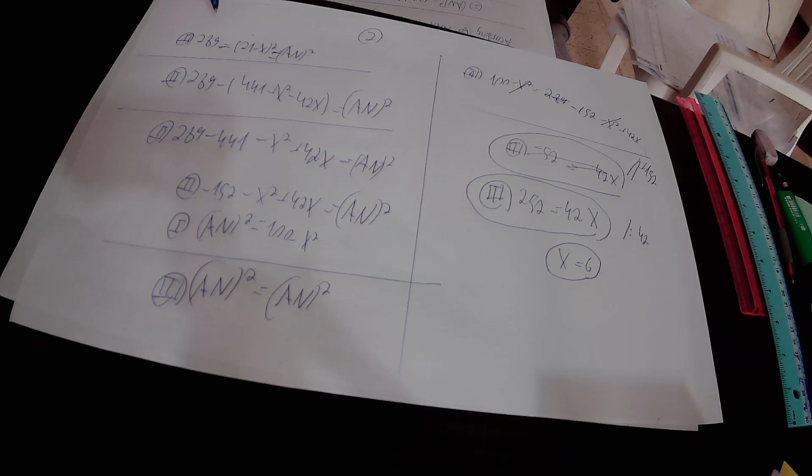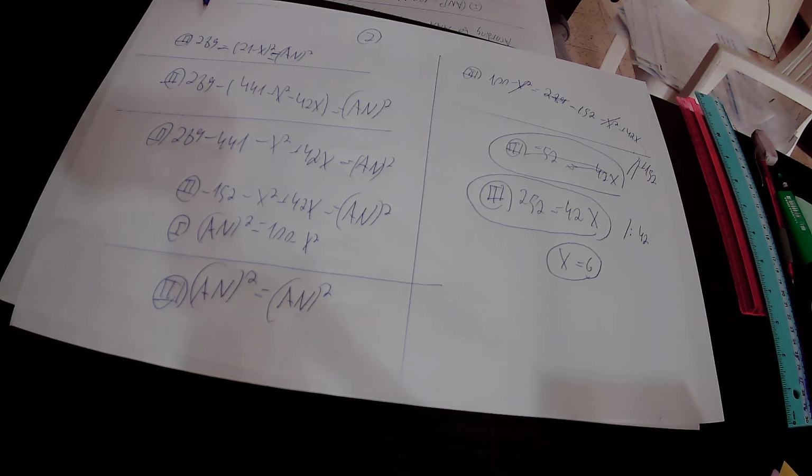So according to equation 2, we have 289 minus, and (21 minus X) squared equals 21 squared, that is 441, plus X squared minus 2 times 21 times X, that is minus 42X. And it equals AN squared according to equation 2.